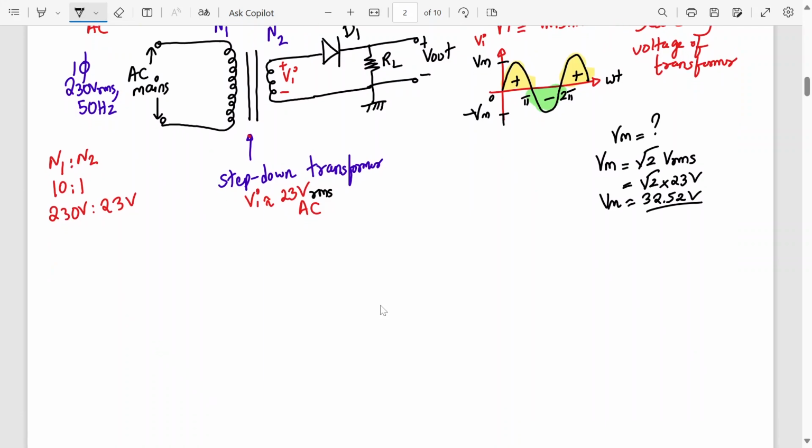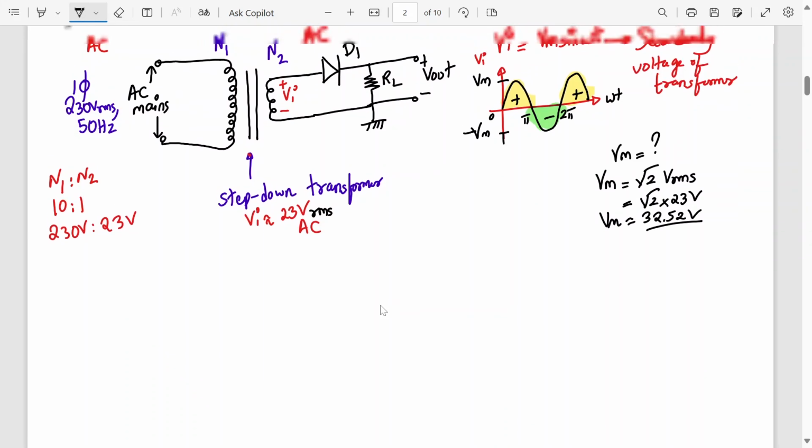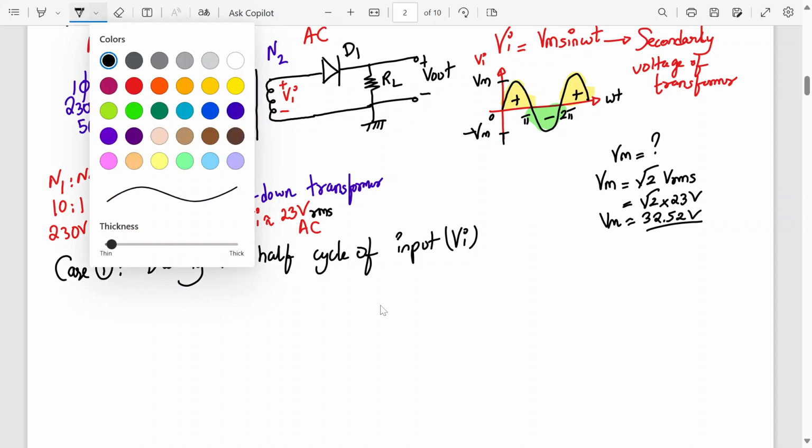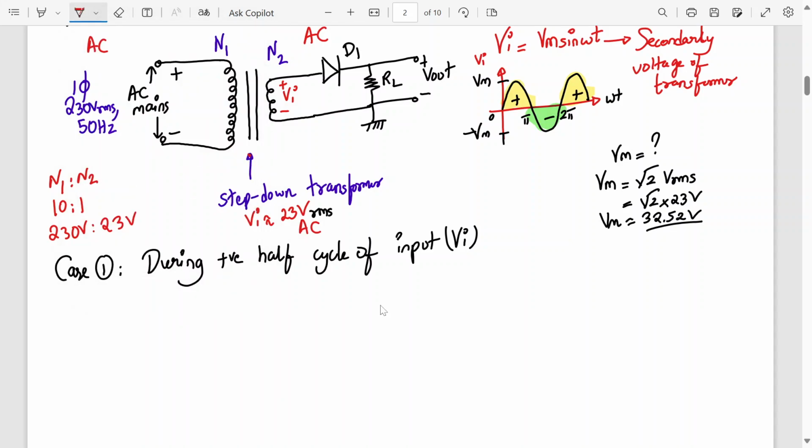Okay, now let's consider this in two cases. The same diagram we'll study in two cases. This is the positive half cycle, negative half cycle. So during the positive half cycle of input, remember, now we are talking about the positive half cycle of input Vi here. Can I say here the diode is on now because you are applying positive voltage over here and negative voltage over here, right?